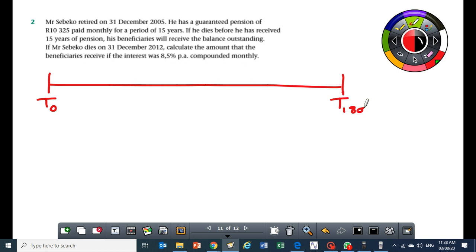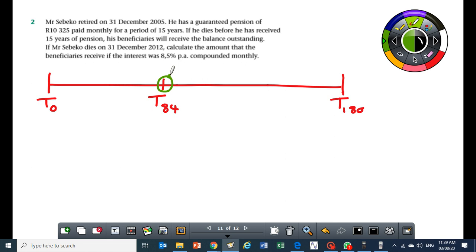So the total number of years there is 7 years. So 7 times 12 will give you 84. So you get T84. Okay? So we need to know how much money the beneficiaries are going to get after he dies.